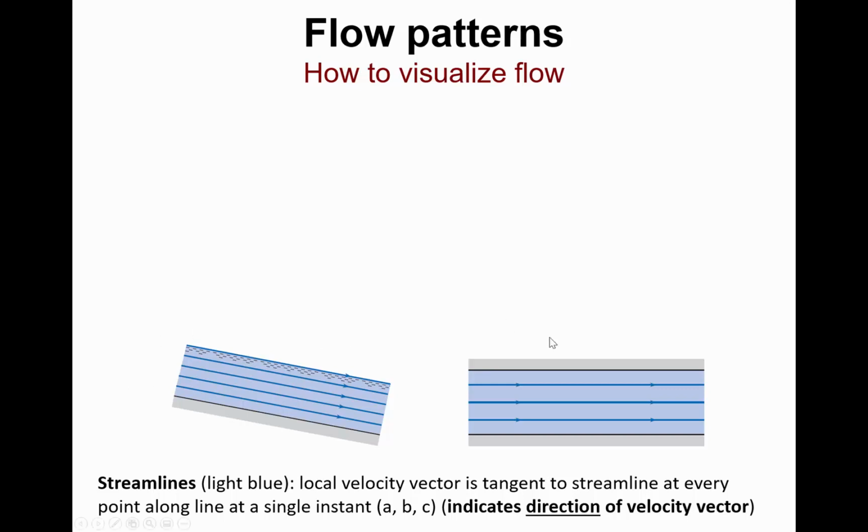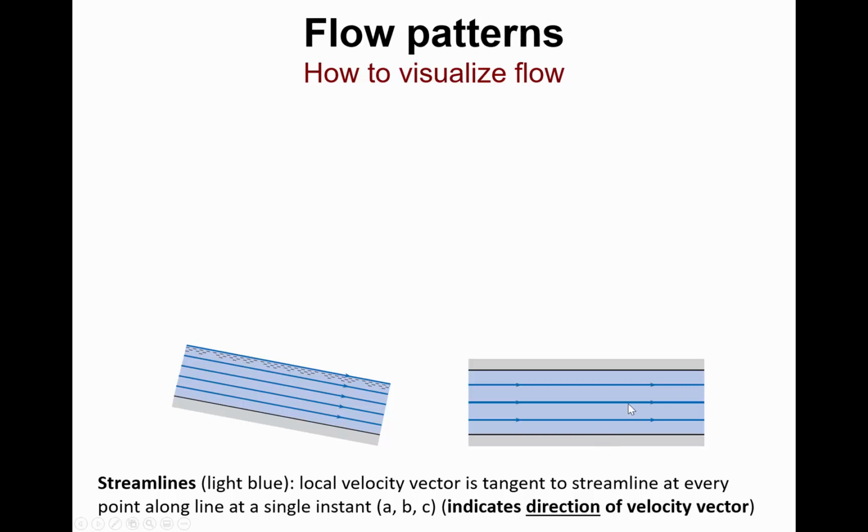So open channel, closed conduit, meaning closed channel, and what these streamlines tell us is the direction of the velocity, but not necessarily the magnitude. We can't tell, for instance, in this pipe whether the velocity is going 1 meter per second or 10 meters per second.